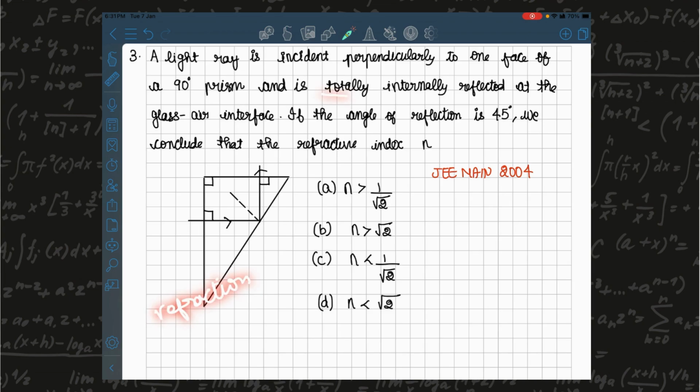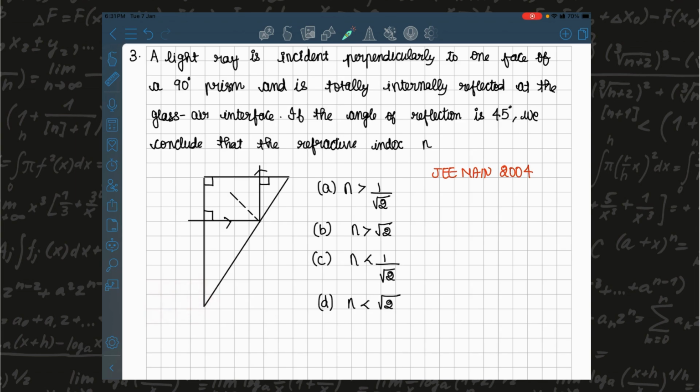But for this total internal reflection to take place, you know that there is a condition for it, which is when the incident angle is greater than the critical angle, only then this total internal reflection occurs. You'll have to remember this, and this is very important for total internal reflection.